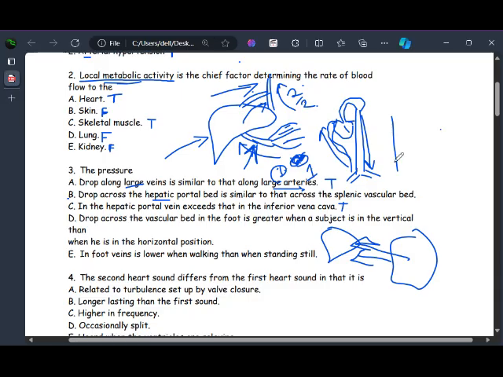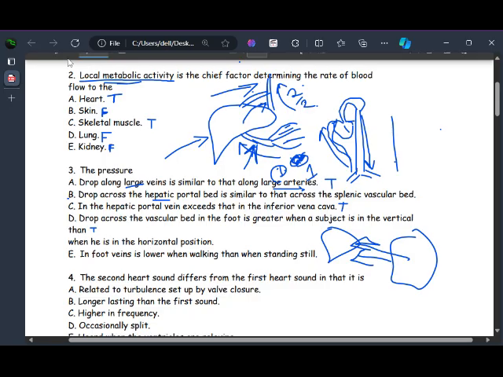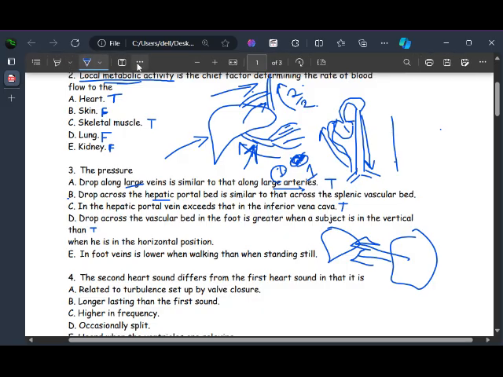The reason why that one is false is that this is comparing arterial and vascular.